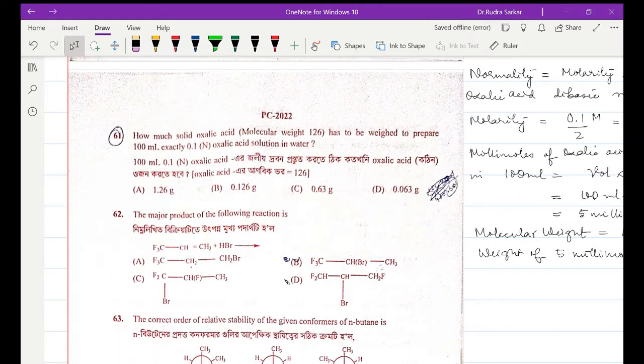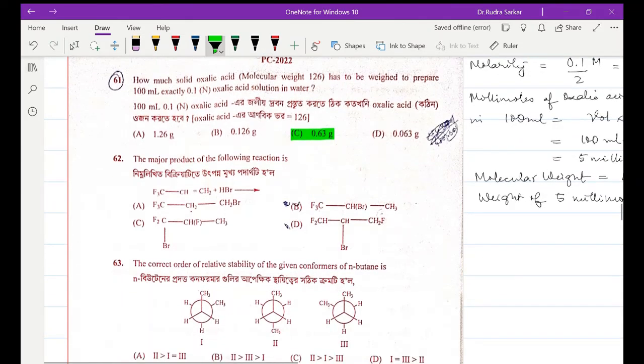So the answer over here is going to be, sorry, the major product of the following reaction. Over here, obviously this is going to get protonated if we think that way, and that will lead to the formation of the most stable carbocation.